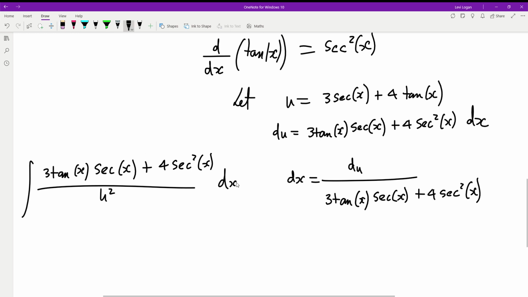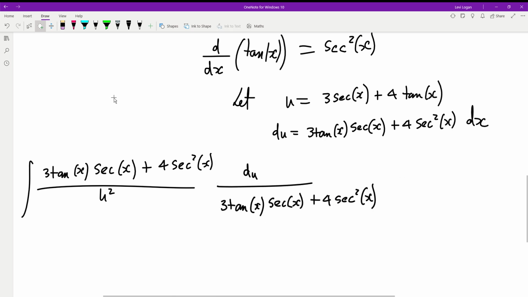But I've also got to replace this dx with this term here. So I just substitute that in there. We can see that whole thing cancels with that whole thing, and we're just left with the integral of du on u squared.